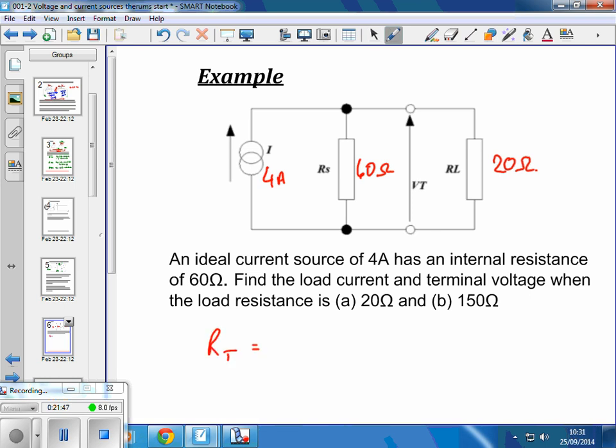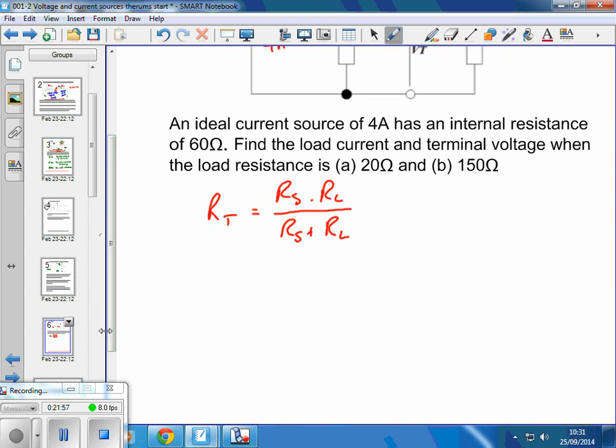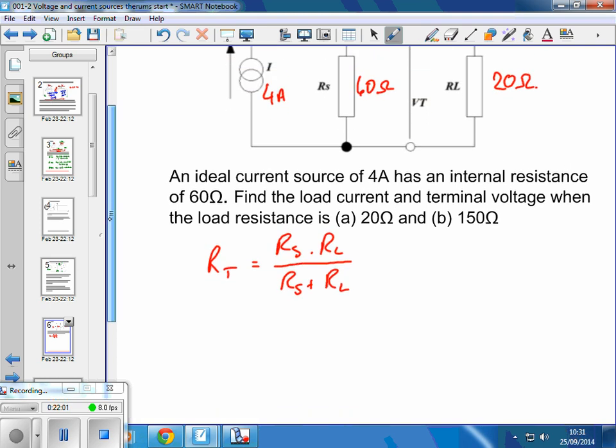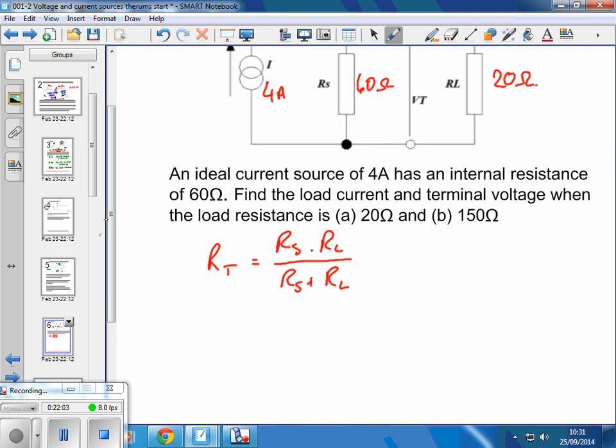It is RS, RL over RS plus RL. So you can find that, and then from that, you can use Ohm's law to find the terminal voltage.